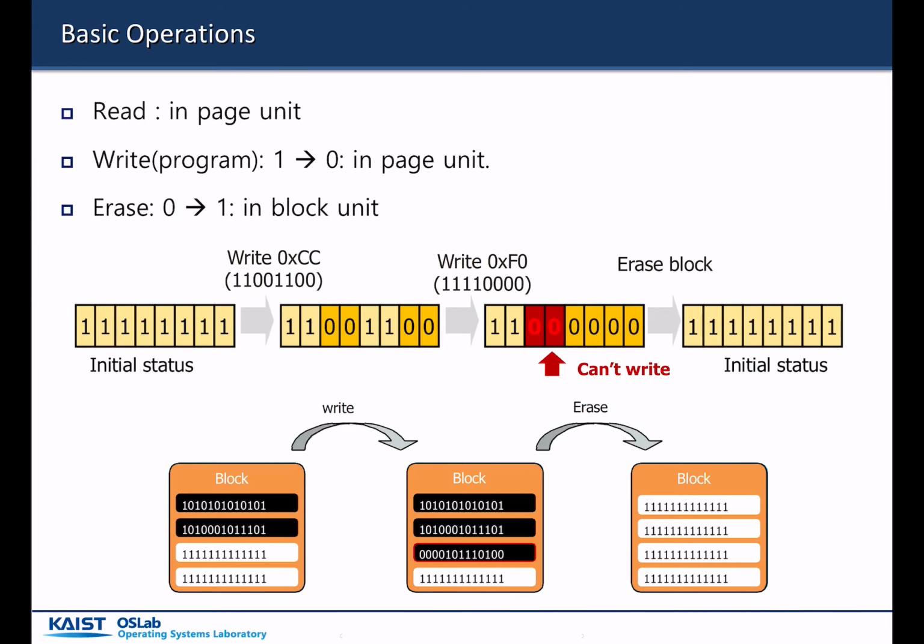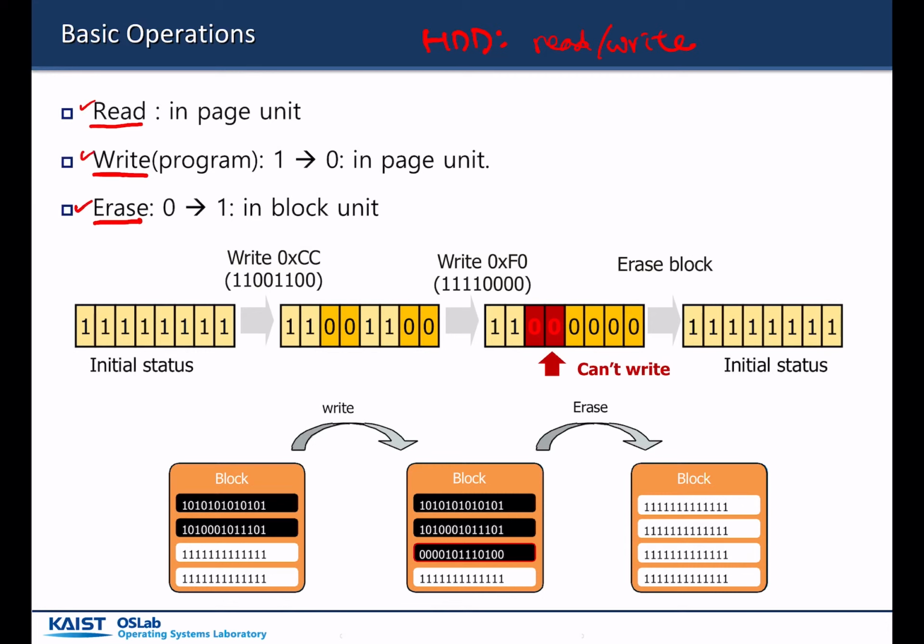There are three basic operations in flash memory. The first one is read, the second one is write, and the third one is erase. Remember, in a hard disk drive, there are only two basic operations, read and write. Now we have three: read, write, and erase.